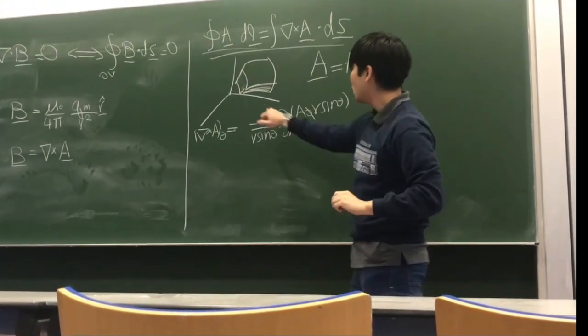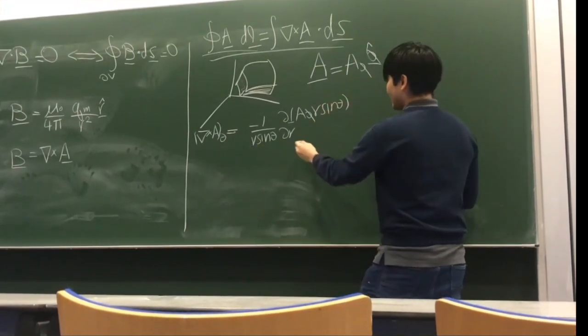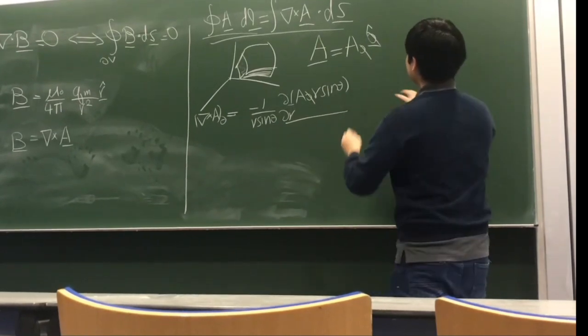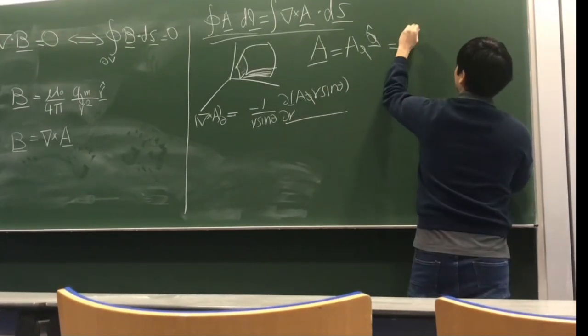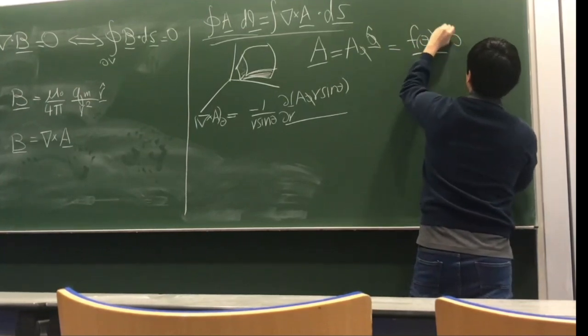And you'll see that if you want this magnetic field in the theta direction to be zero, you want this to be zero, which means that actually this field is that.